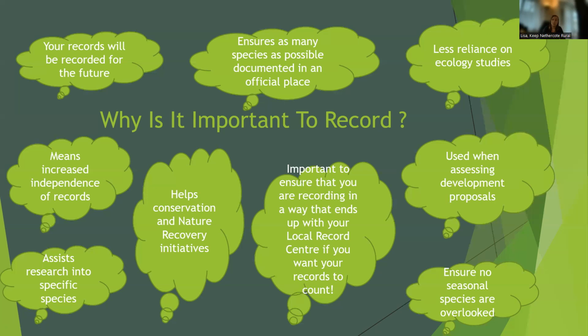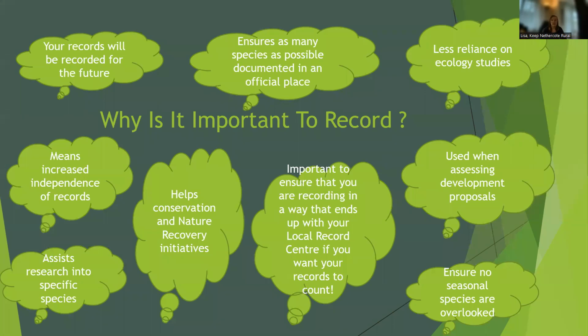So some species, for example, if you walk down our lane here in Nethercote, at the moment you'll see lots and lots of snowdrops, but you won't see any butterflies. That isn't because we don't have butterflies. If you walk down the lane in August, you would see plenty of butterflies, but you would see no snowdrop.